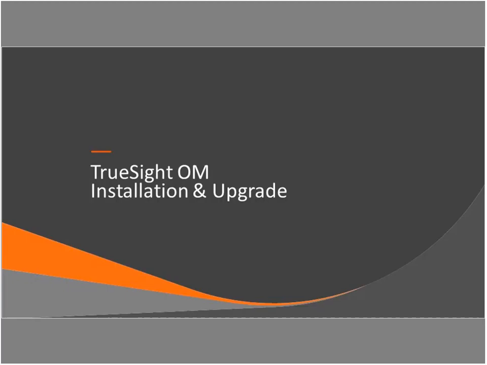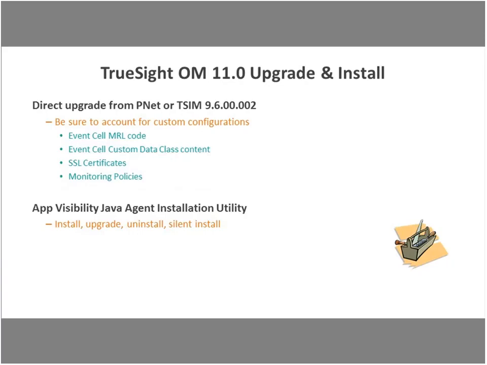Okay, so moving on, let's talk about installation and upgrade and go through some key points. Again, this is not focused on how to completely do an install and an upgrade. It's focused on what's new in TrueSight 11 regarding installation and upgrade. Direct upgrade from ProactiveNet or TrueSight Infrastructure Management version 9.6.00.02, that patch level, is now supported.